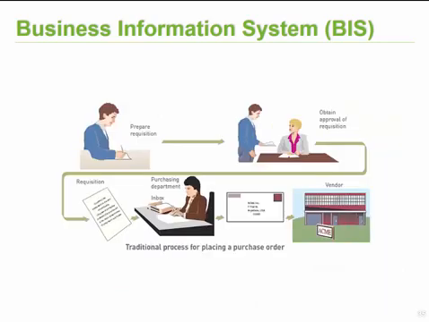Now, in the past, if we had the following situation where people try to buy products through the company, it was a very cumbersome process. So you had to prepare your requisition, you had to take it to various people for permission.